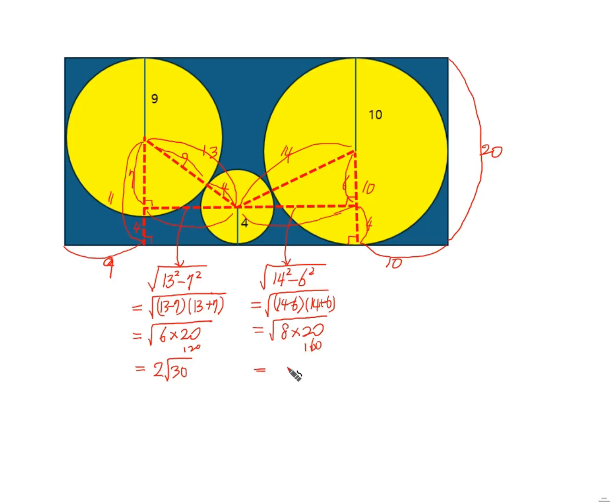So this is 4 root 10. Then we found the horizontal line.